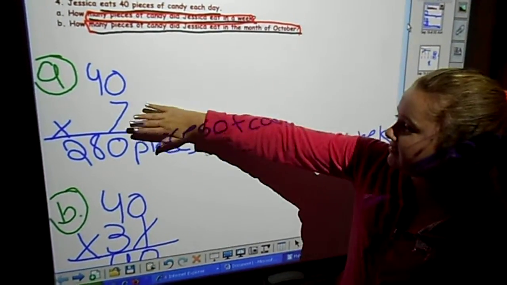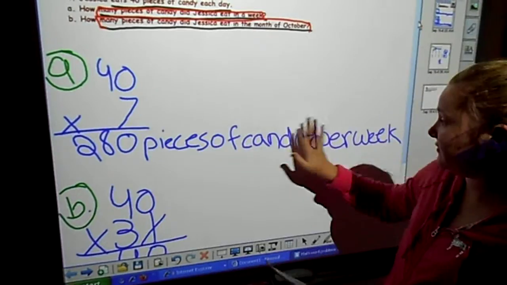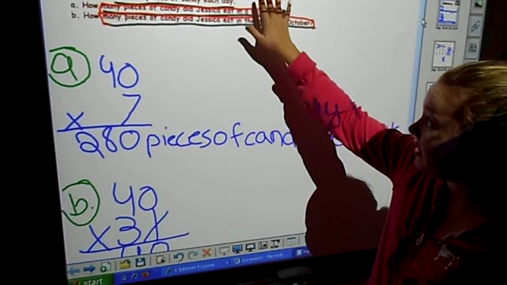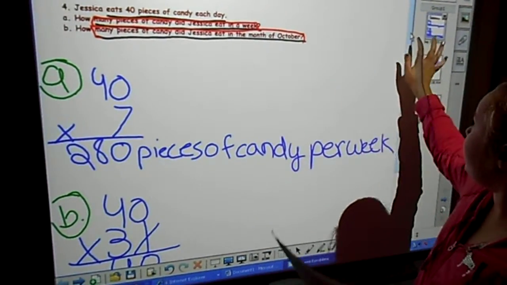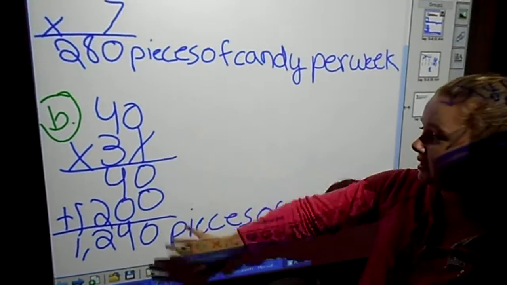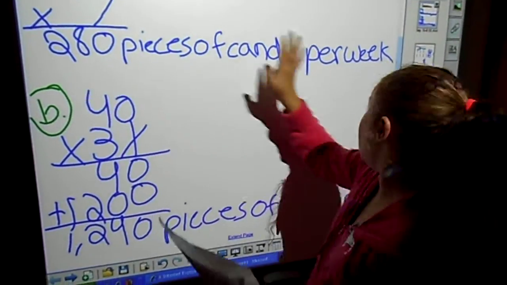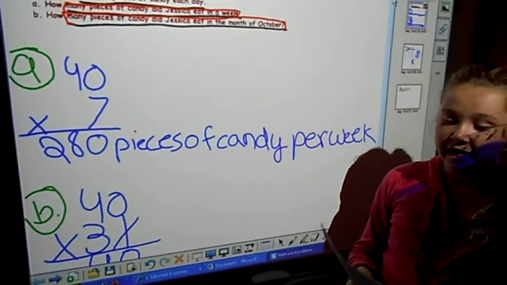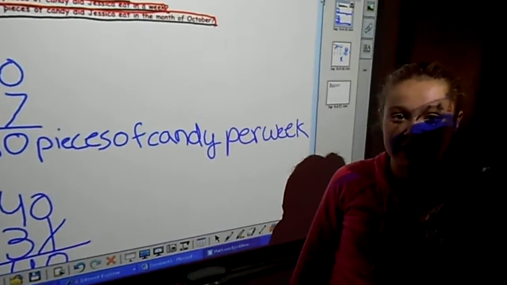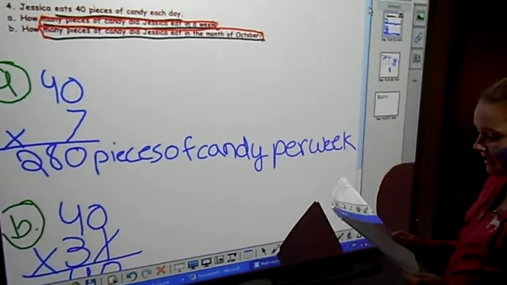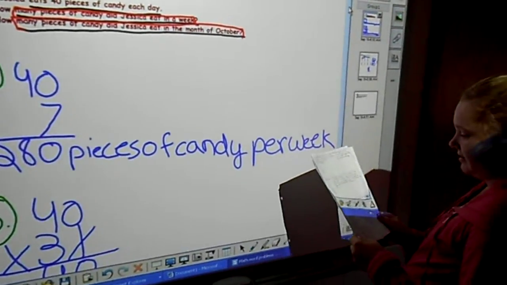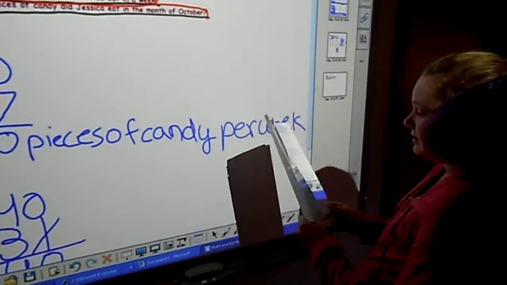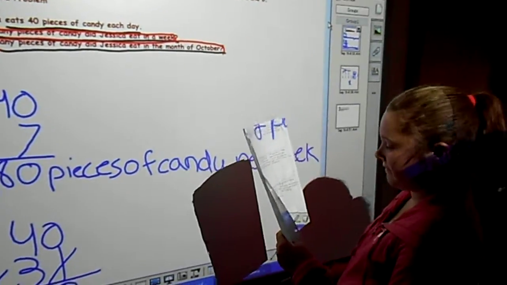So for per week you would do 280 pieces of candy, and for the month of October you would do B, because that's what it says up there. What might happen if you forgot to put that on the MCAS? Then you probably will lose a lot of points. And then the grader wouldn't know which problem was which, right? Yes.